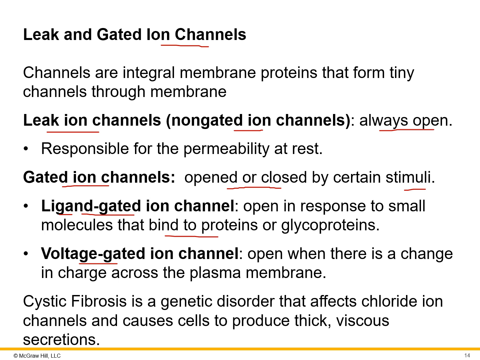So if that changes, then that can open those channels. And then just to relate this, cystic fibrosis is actually a genetic disorder where chloride ion channels don't work. So chloride ions can't move across the membrane, and that creates the really thick, viscous secretions and mucus that lines their lungs and can cause problems with digestion.